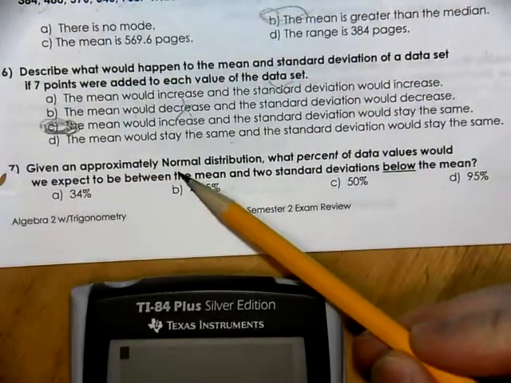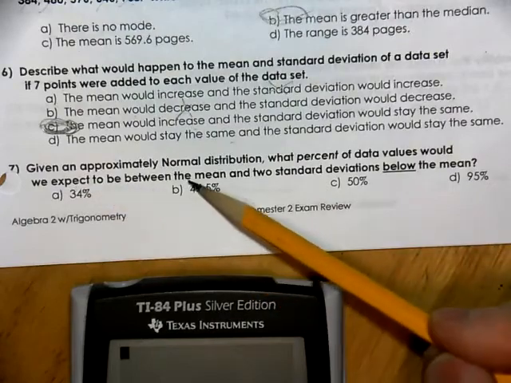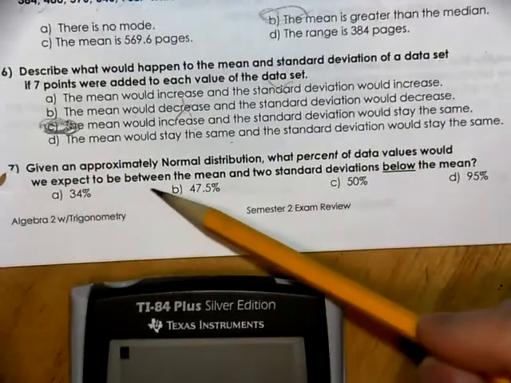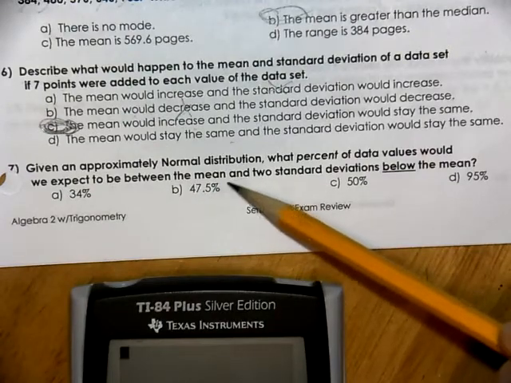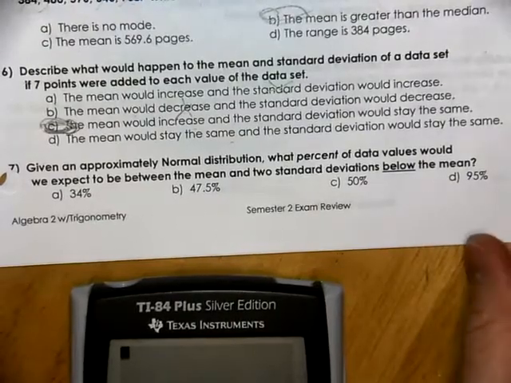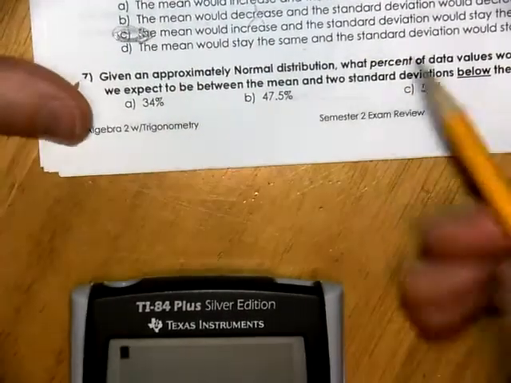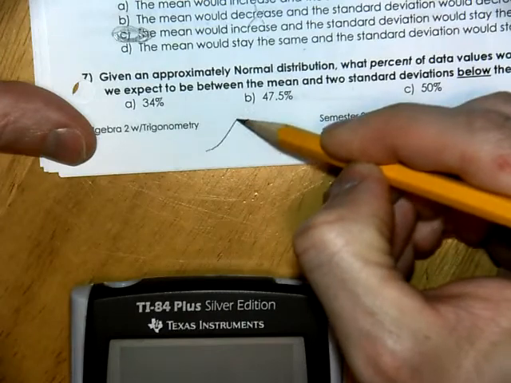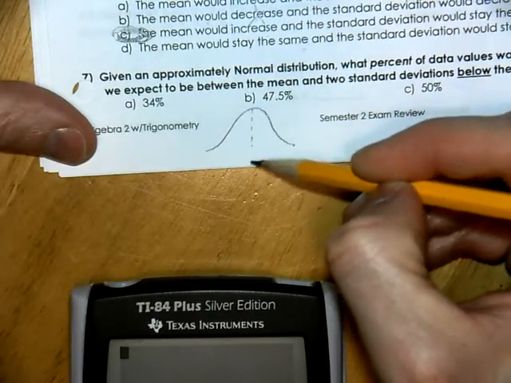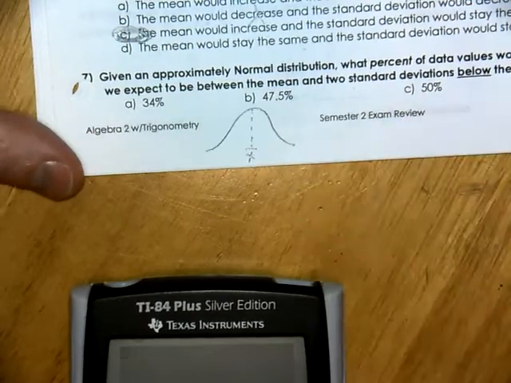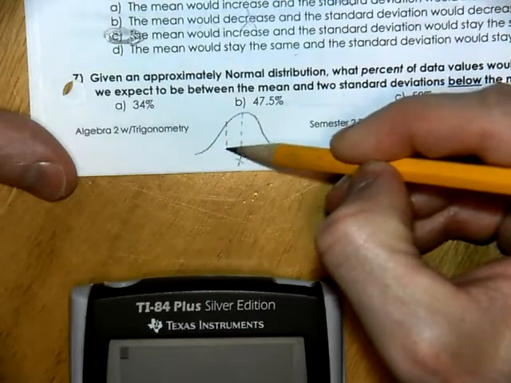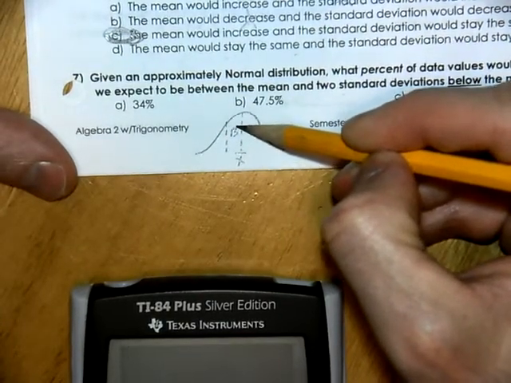Given an approximately normal distribution, what percent of the data would we expect to be between the mean and 2 standard deviations below the mean? So if that's our mean, our x bar, that's 13%.